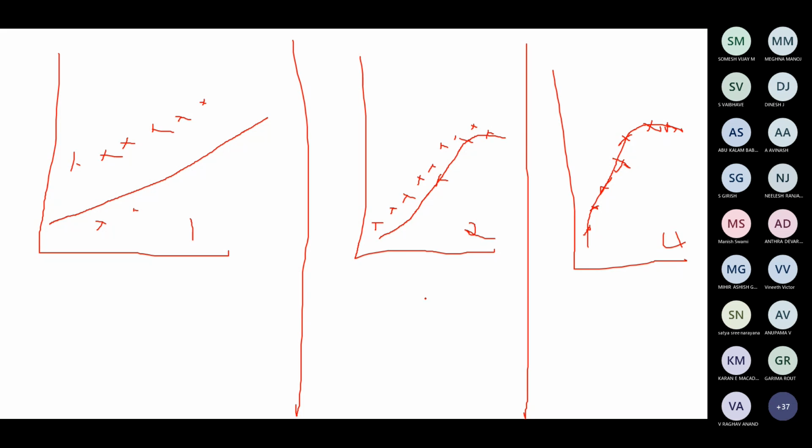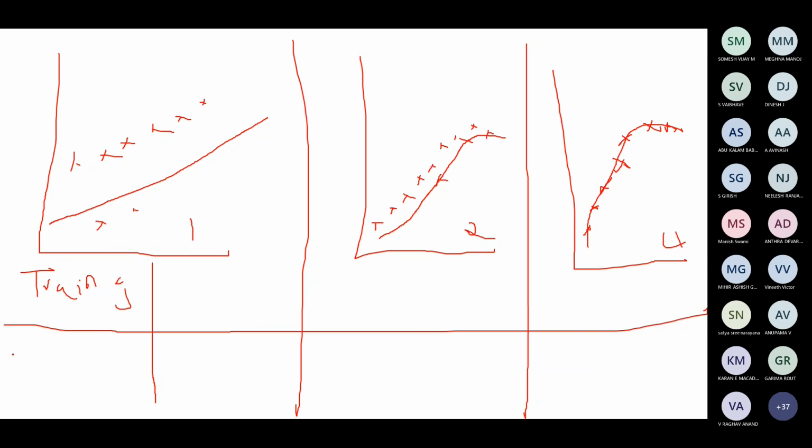Now, on my training data set, after my training, if I look closely at these 3 diagrams, here is my training error, and I can have it as my testing also.